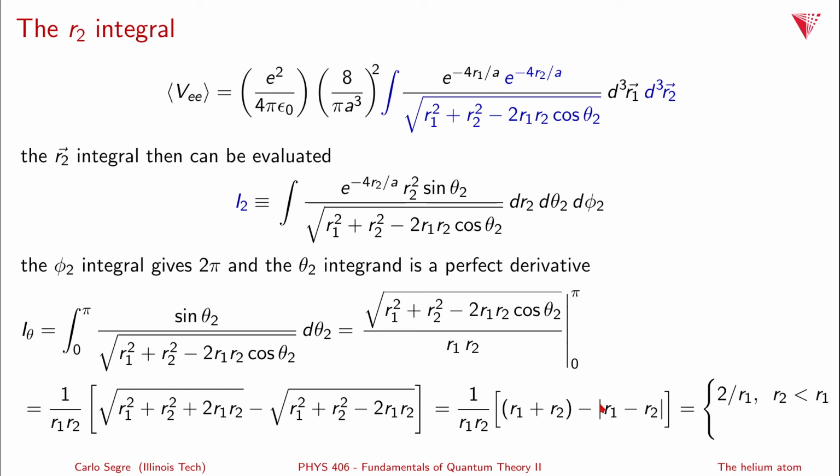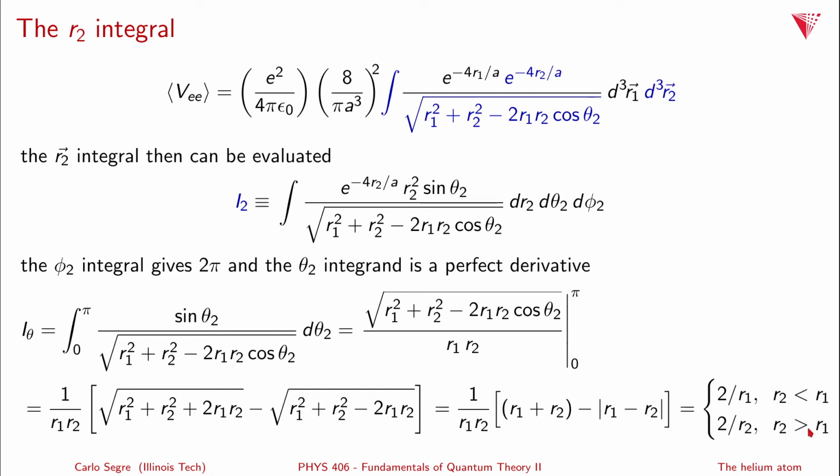You just replace this, as r1 is greater than r2, so this is minus r1 plus r2. And so the r1s cancel here, and the r2s add up and cancel out with this r2, and you get 2 over r1. So if r2 is less than r1, you get 2 over r1 for this integral.